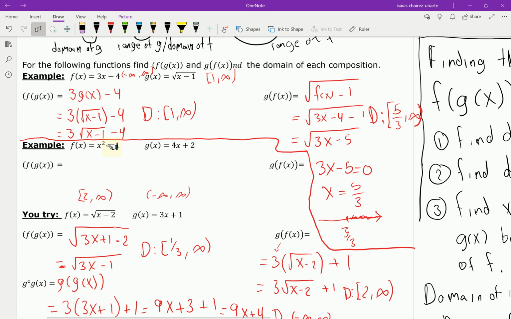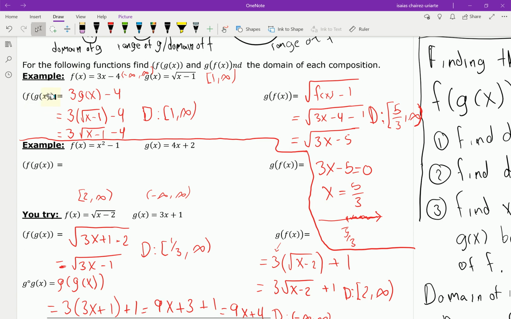Now, what's the domain of this function? Remember, in order to find the domain, we definitely need to respect the domain of the inner function g of x. What's the domain of the inner function g of x? We said it was 1 to positive infinity. Now, we also need to identify any possible x's that make g of x not be in the domain of f of x.